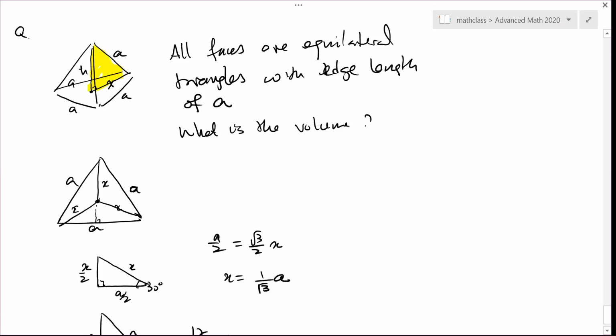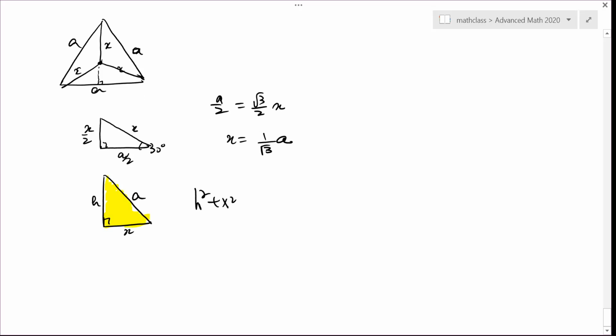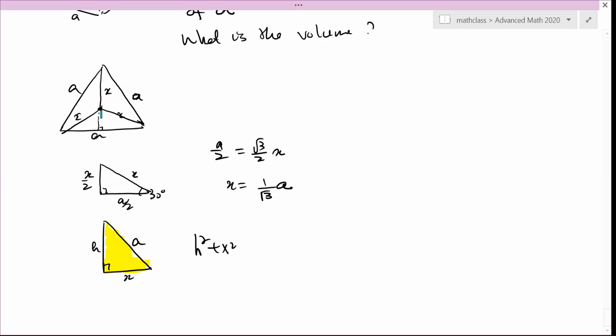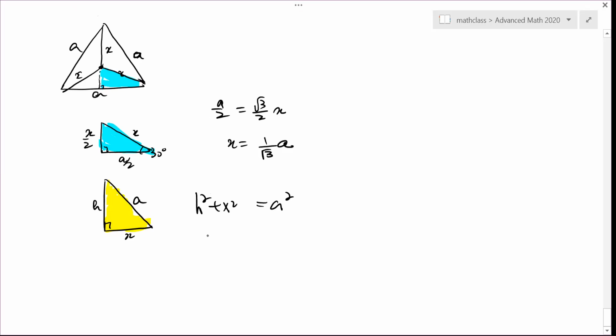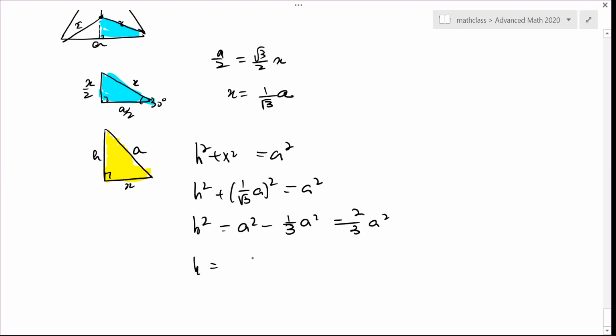So this yellow triangle is a squared equals h squared plus x squared. So h squared is a squared minus 1/3 a squared, which is 2/3 a squared. So h is going to be square root 2/3 a.